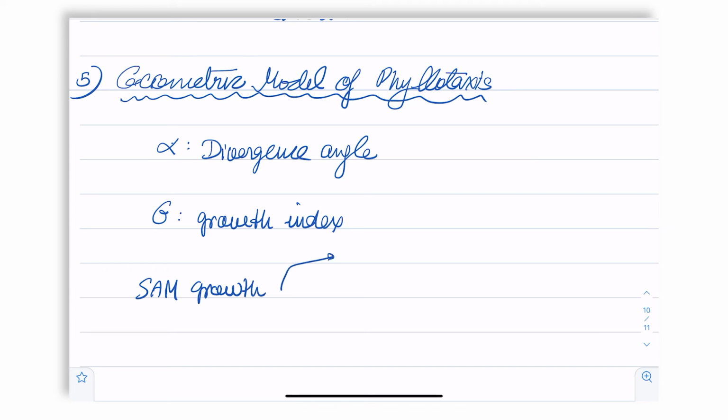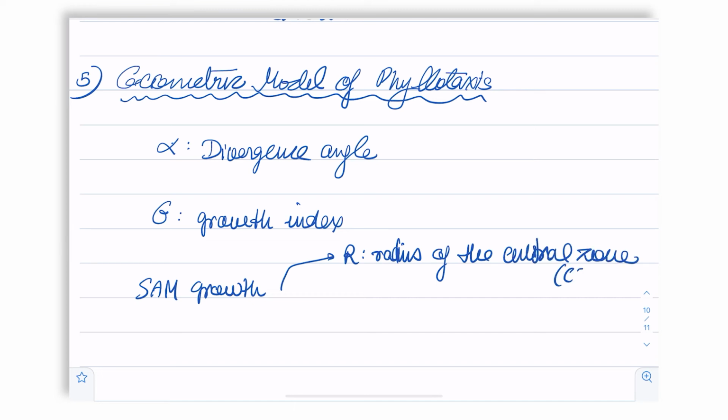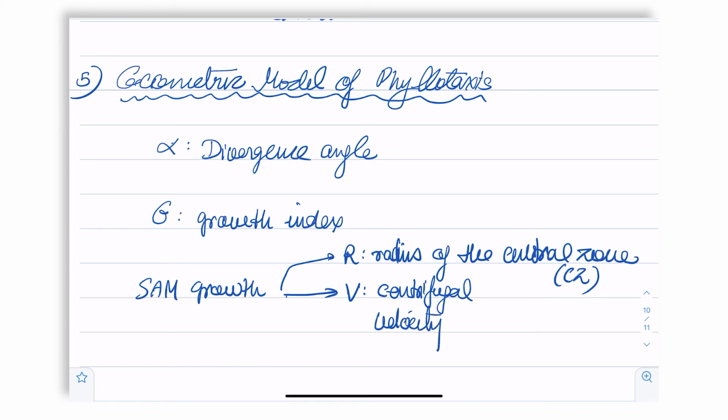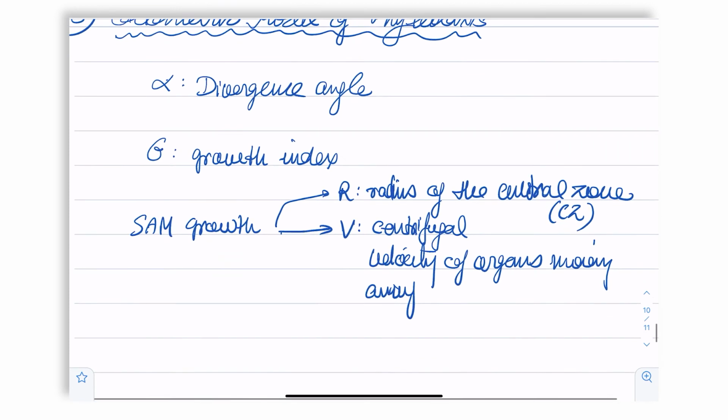The Phyllotaxis meristem growth depends on the R, which is radius of the central zone, Z, V, which is the centrifugal velocity of organs moving away from the center due to growth.